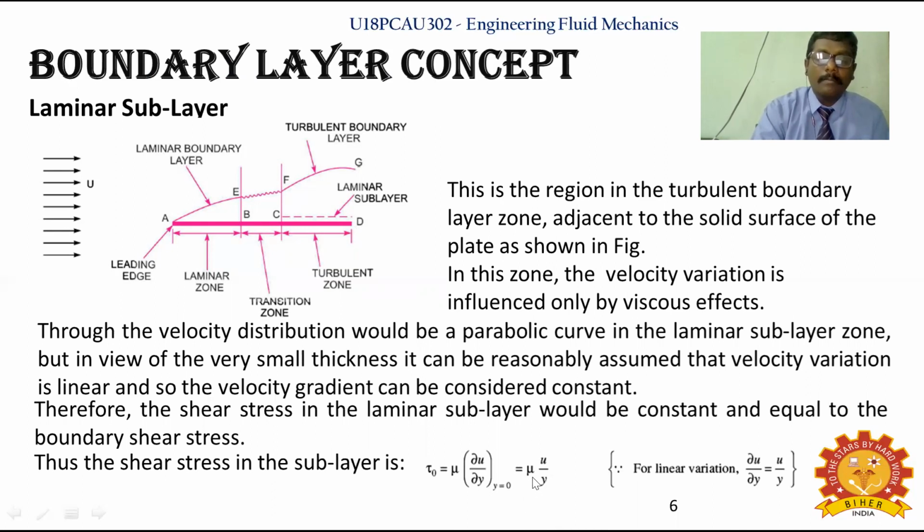At y equal to 0, for a linear velocity variation, du by dy is u by y. Substituting that, the shear stress in the sublayer is mu into u by y, where u is the velocity and y is the displacement.